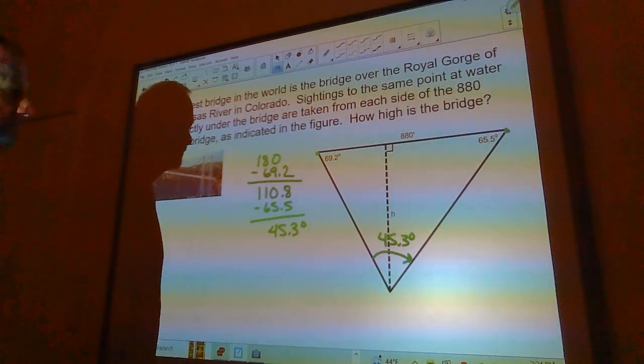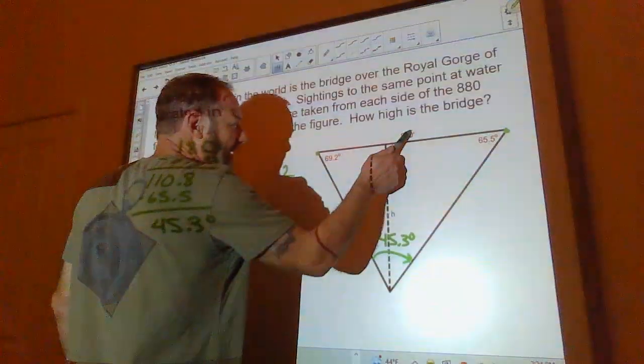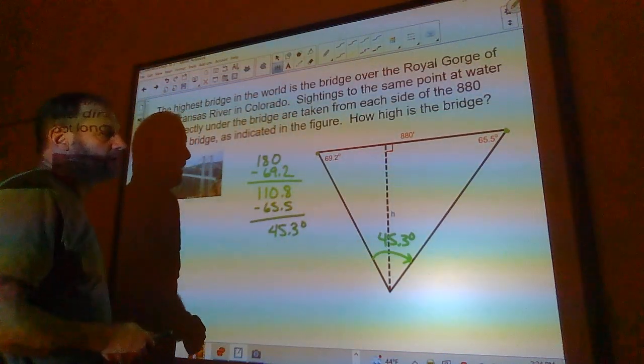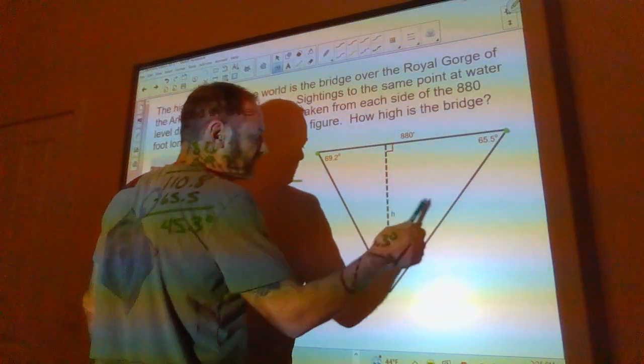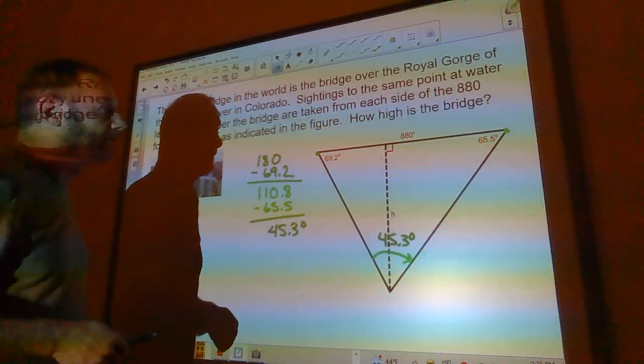Now I've got a known angle across from a known side. Now, it doesn't matter which, I'm going to have to find one of these two sides. It doesn't matter which one.